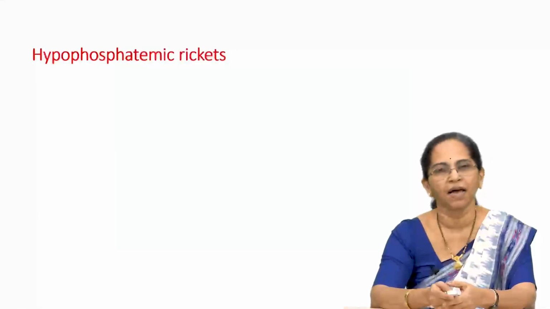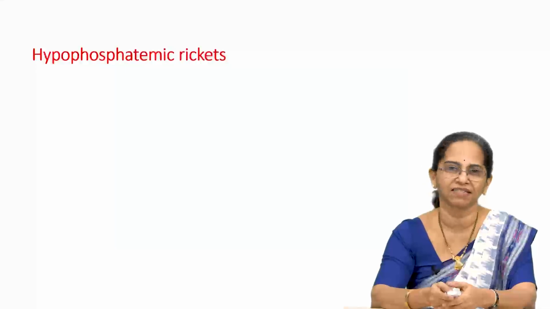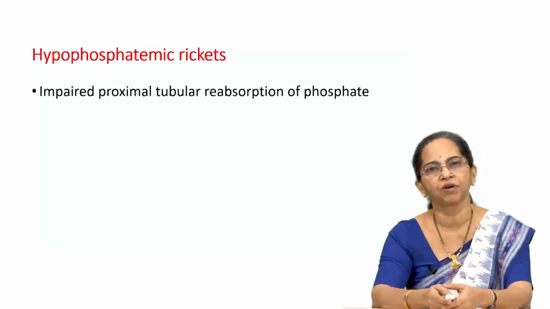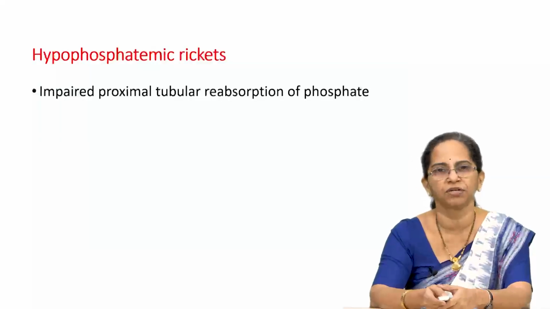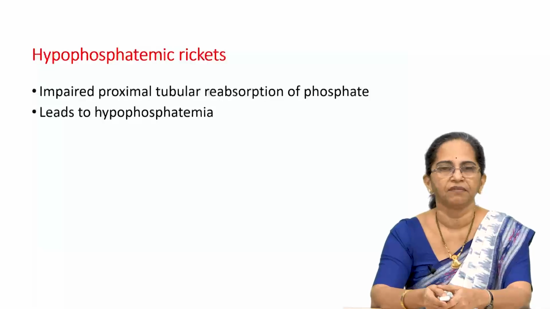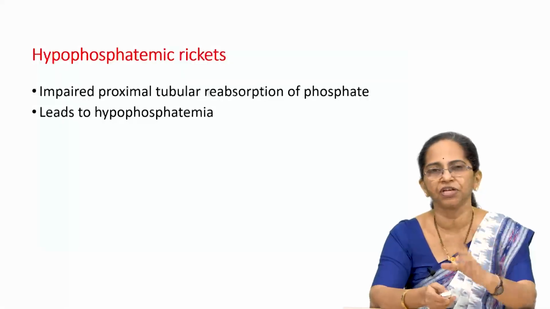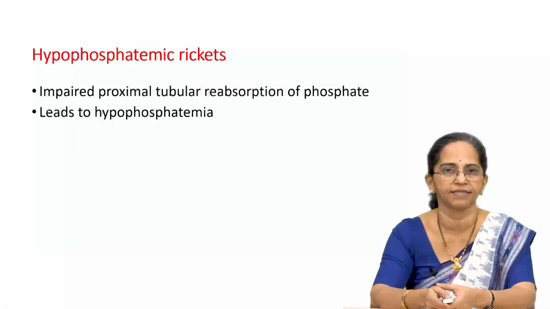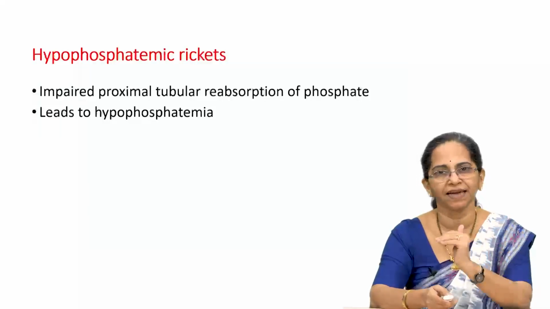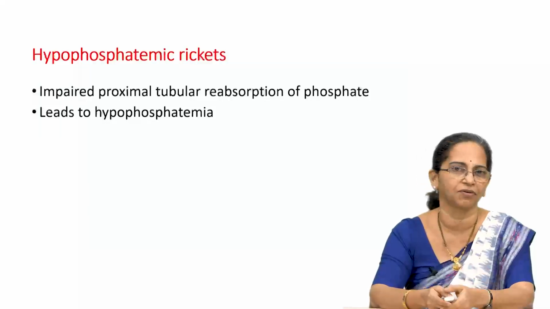What do you mean by hypophosphatemic rickets? Let us give the example: there is impaired proximal tubular reabsorption of phosphate and there will be hypophosphatemia. When I showed you the picture of regulation of calcitriol synthesis, I told you that when there is low phosphate, there is direct stimulation of 1-alpha hydroxylase.